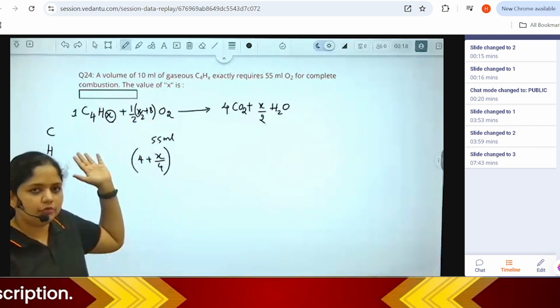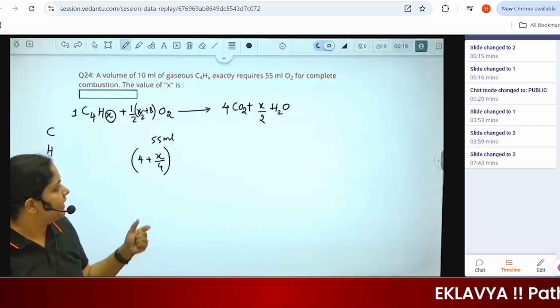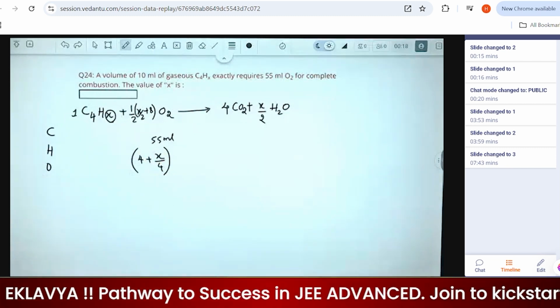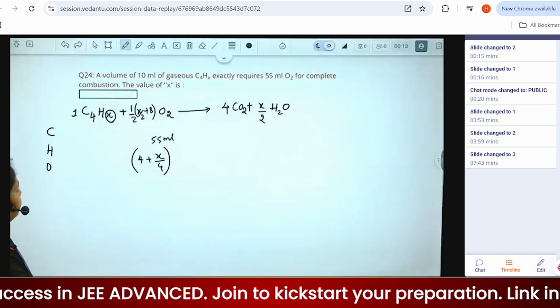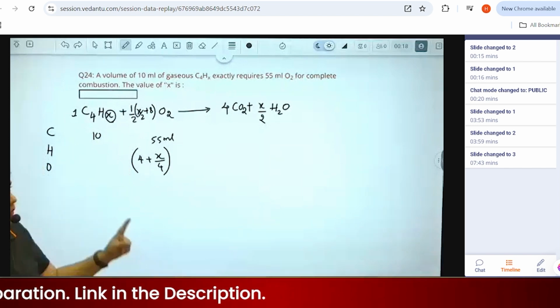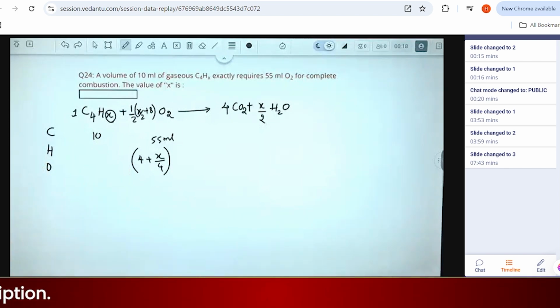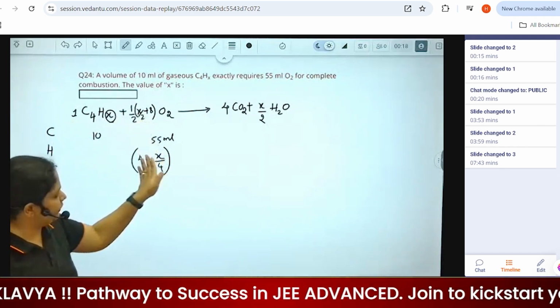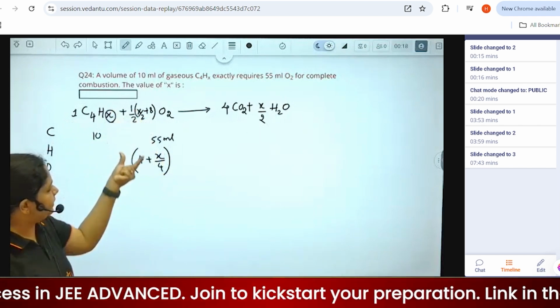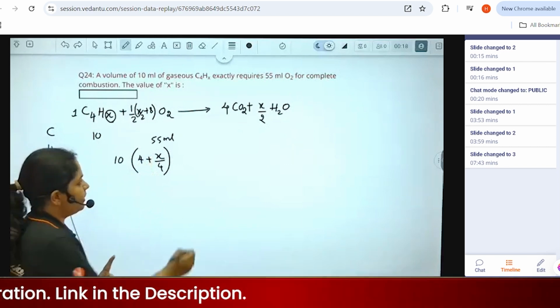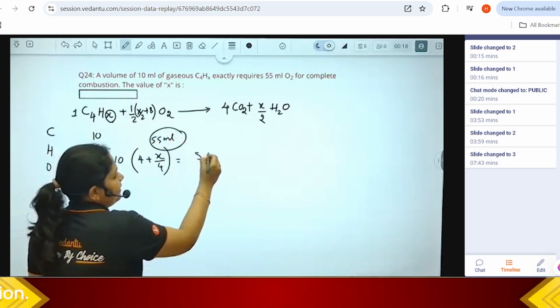If they have given this as 10 ml, then 1 into 1 of this, so if this is 10, this will be 10 of this. So 10 into X by 4 plus 4 is equal to what they have given, 55 ml.